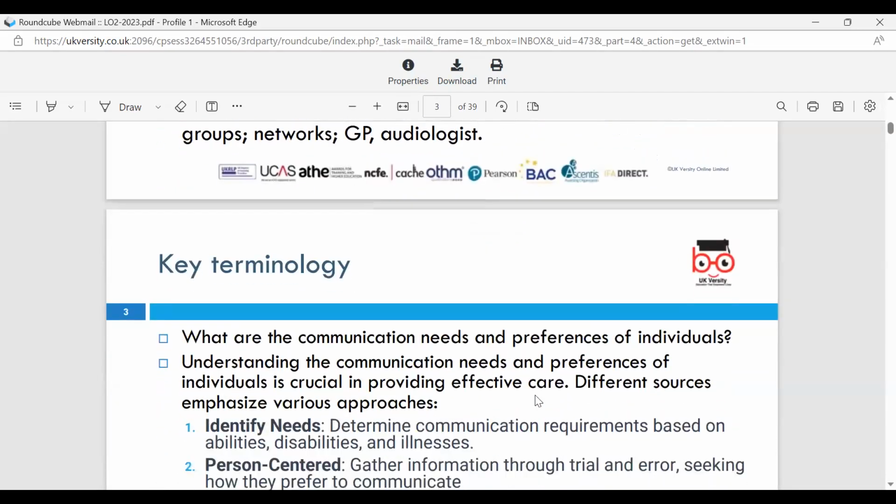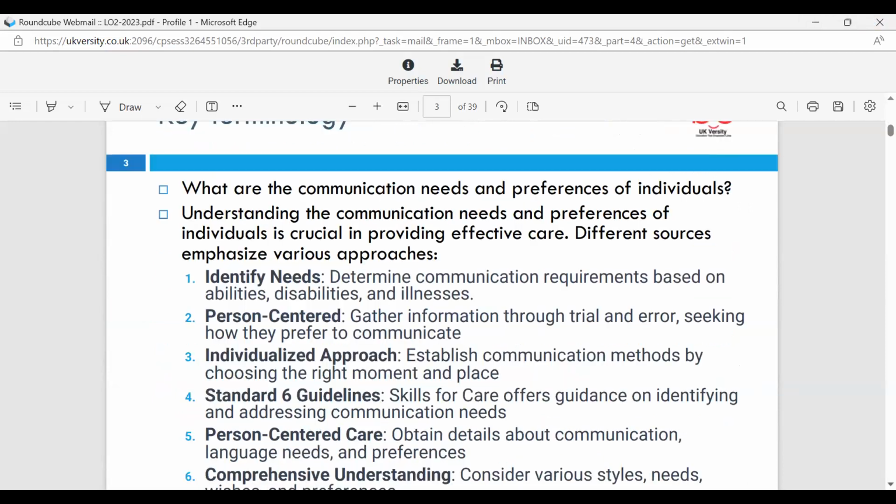Key terminology. So what are communication needs and preferences of individuals? Understanding the communication needs and preferences of individuals is crucial in providing effective care.